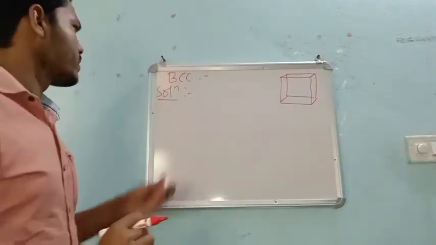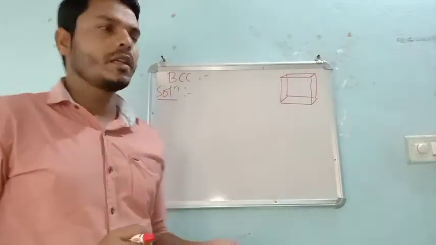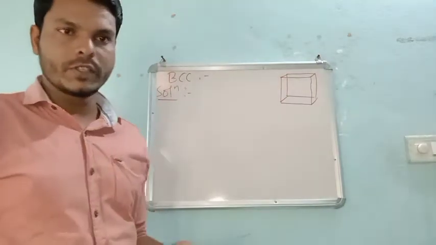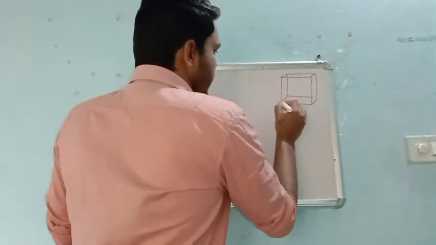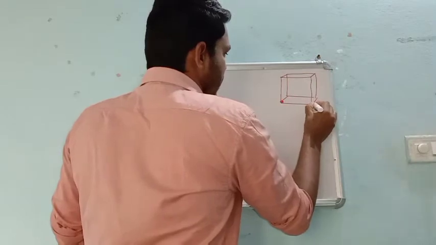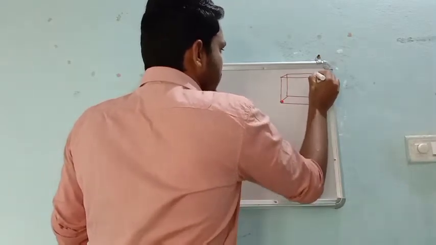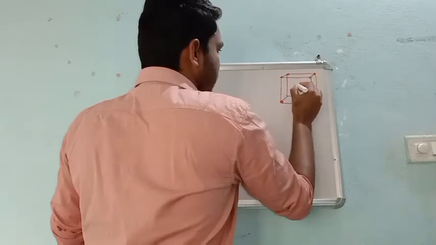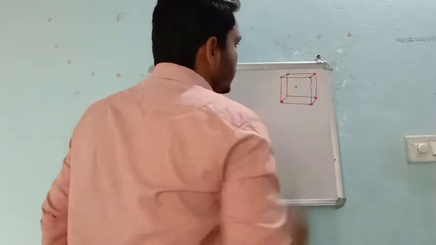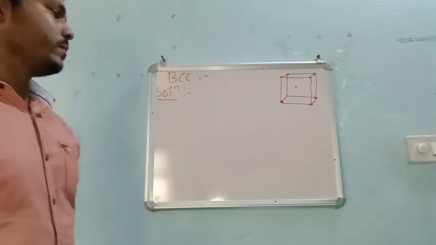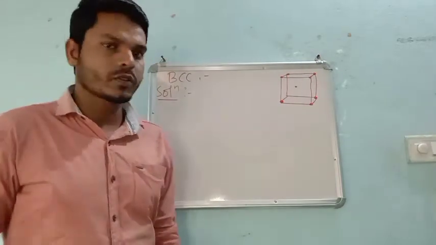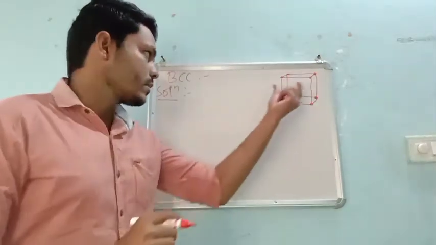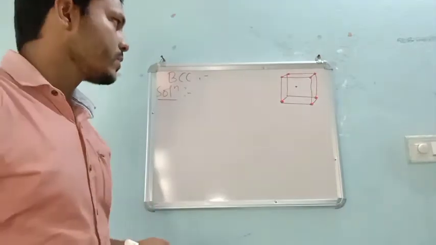let us see what BCC is. BCC is a type of unit cell in which the constituent particles are present at the corners, and one atom is present exactly at the center of the body. This cell diagram is very important. Why?